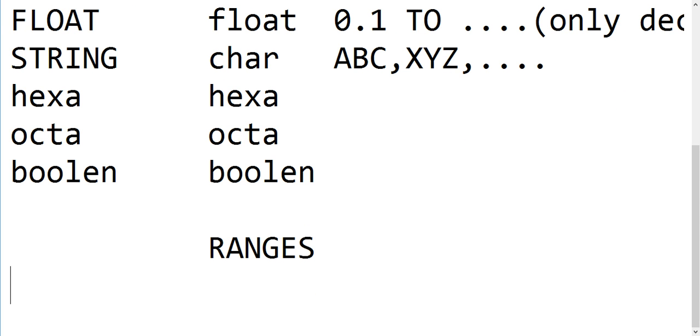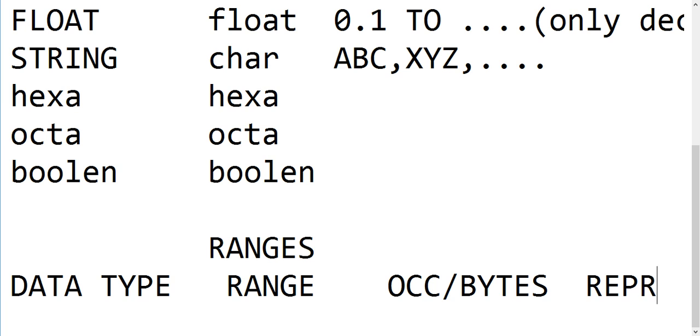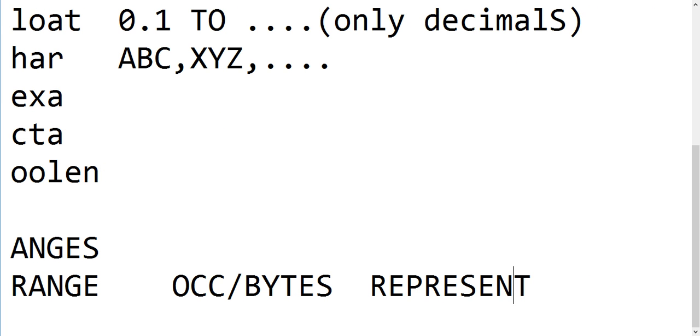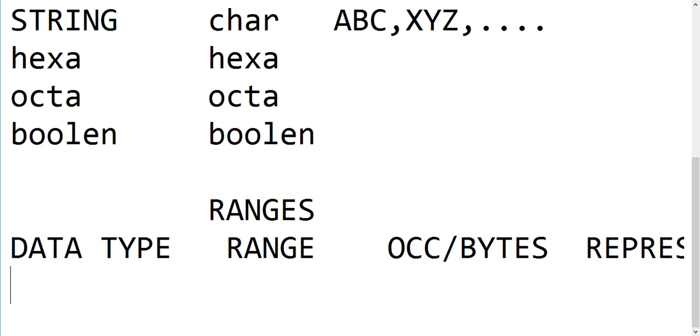So, data types first of all. Each occupies some bytes and represents something. Now let's do the first data type.